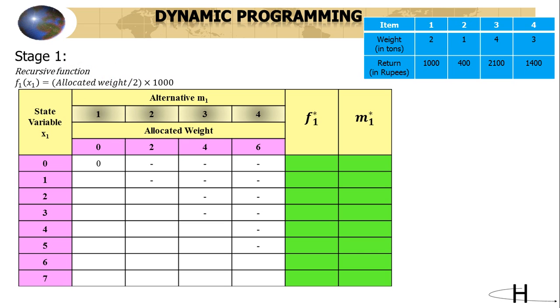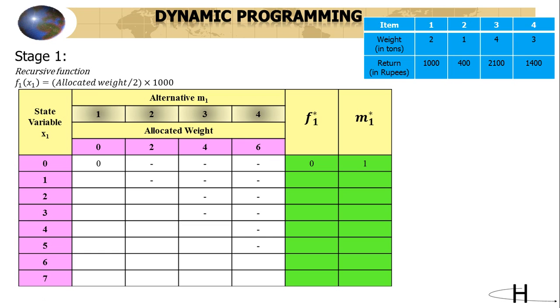Now here we cannot take allocated weight 2 because it will exceed this limit. Here we have considered state variable value is 0. So after 0 we cannot consider allocated weight 2, 4 or 6. Okay. So the best recursive or return function value will be 0 with respect to alternative 1.